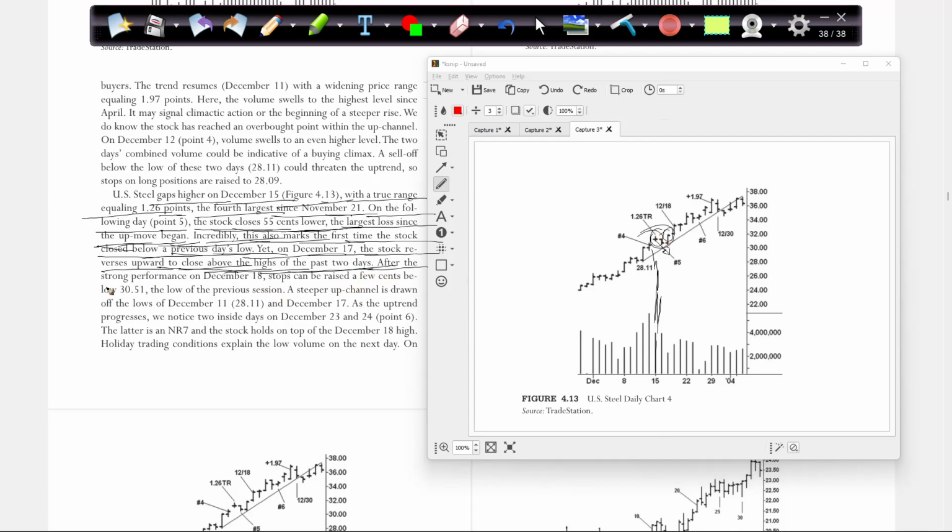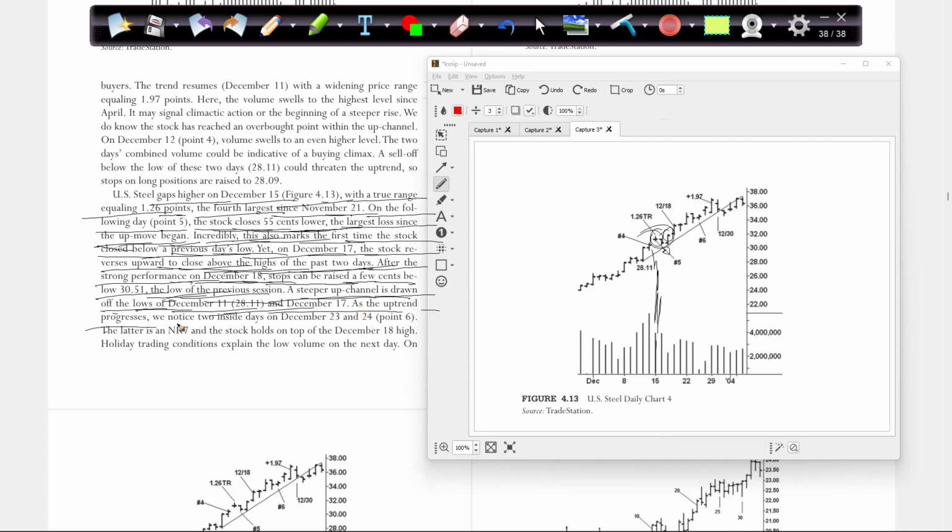After the strong performance on December 18, stops can be raised to a few cents below 30.51, the low of the previous session. A steeper up channel is drawn off the lows of December 11, December 17 and others.